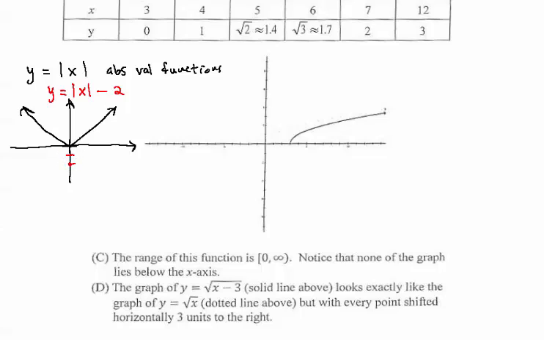So instead of starting here at the origin, we're now going to start here down at negative 2, and then we'll simply copy down our parent function starting at this new point. Alright, so numbers outside the bars in the previous chapter, we said they shift the parent function up or down.